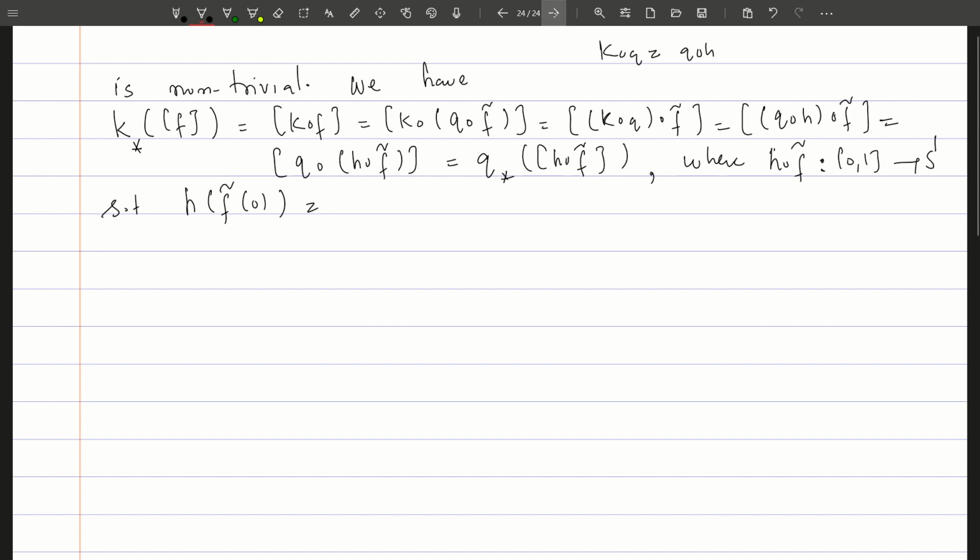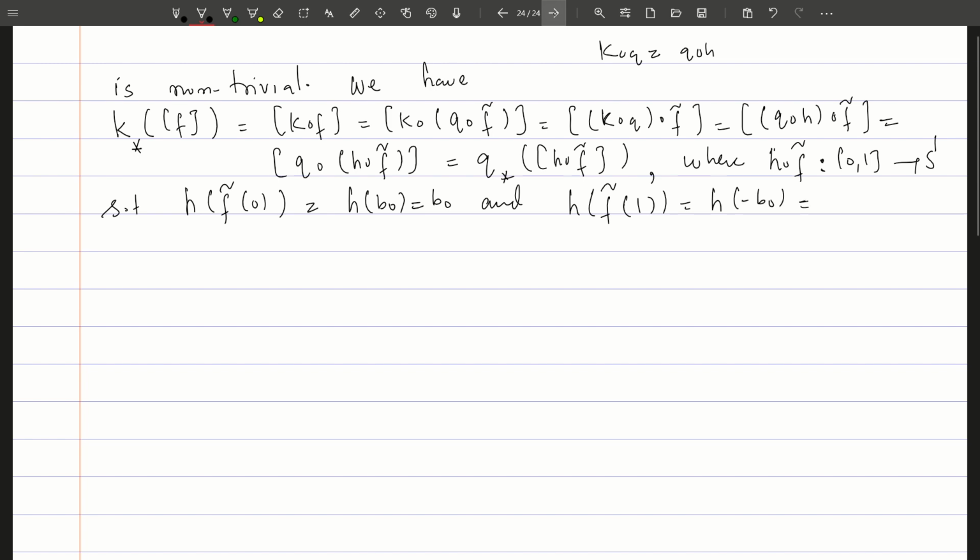I mean this is h of b naught, which is b naught, and h of f tilde of 1 is h of minus b naught.